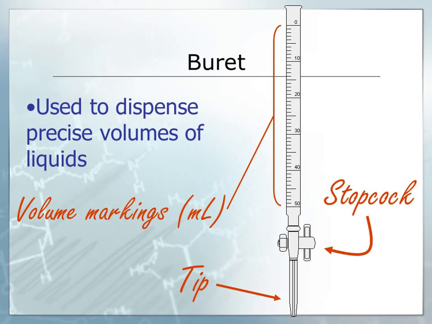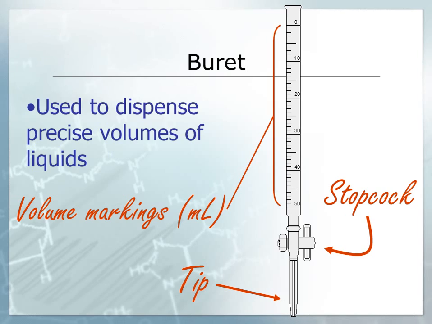If you notice on the body of the burette, the volume markings, the scale is reversed with 0 at the top and 50 at the bottom. This is so that you can start your titration presumably with the meniscus at 0, and as you dispense, it will give you the actual volume that has been dispensed, eliminating the need to do any subtraction.